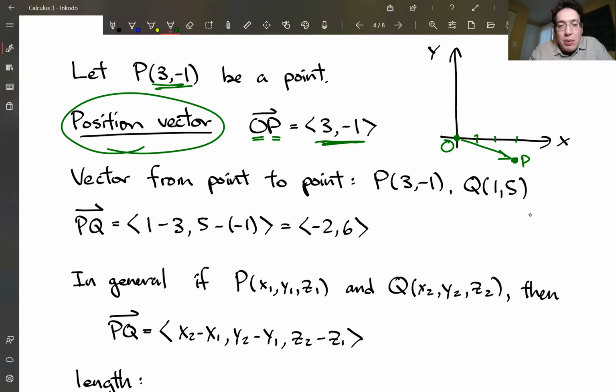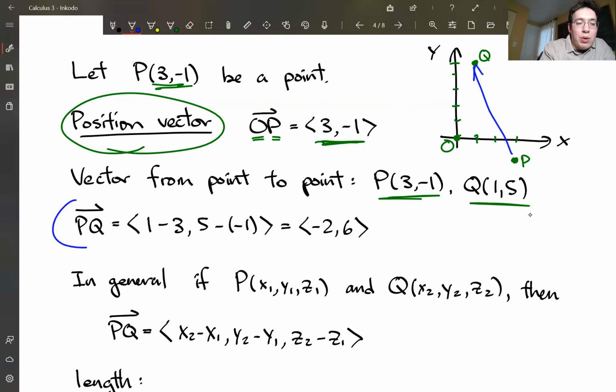If you're talking about a vector between 2 other points in space, let's say a point P at (3, -1) and also a point Q at (1, 5), so 1 unit to the right and 5 units upward, this is the point Q. If I want to draw a vector from P to Q like that, and write down the components for this vector PQ, we denote it something like this.